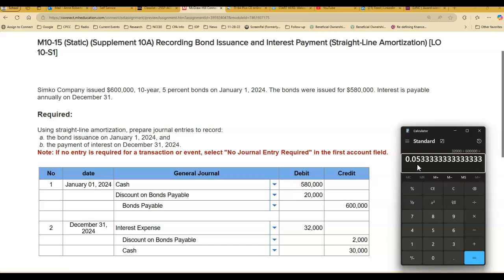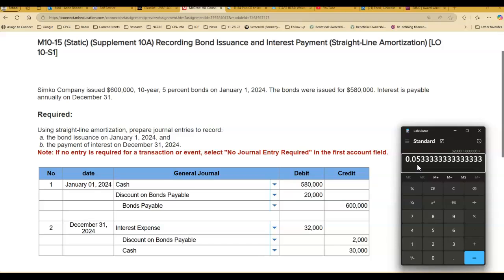Right after we issued, what was the carrying value of the bond? Not interest. Don't think interest. Ignore the second journal entry. The carrying value of the bond the day we issued was $580,000, right?